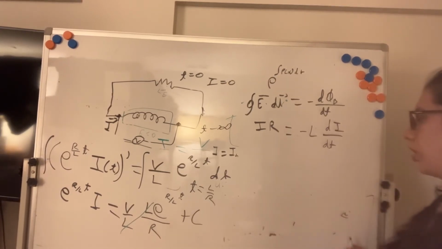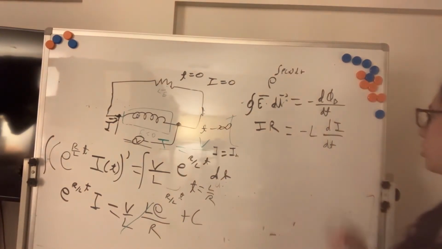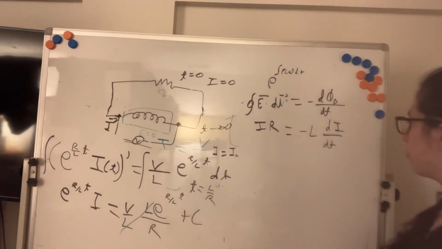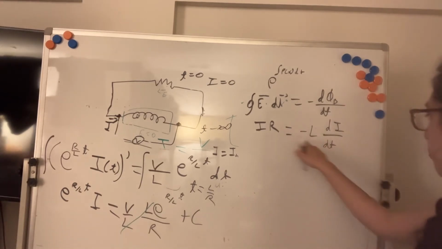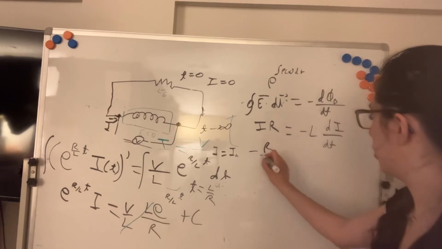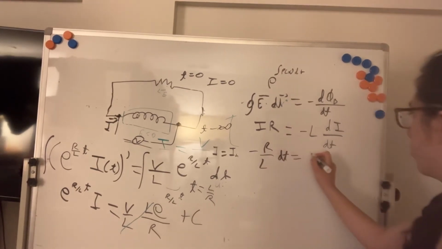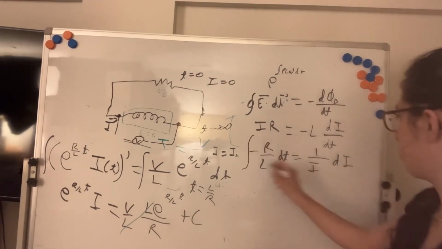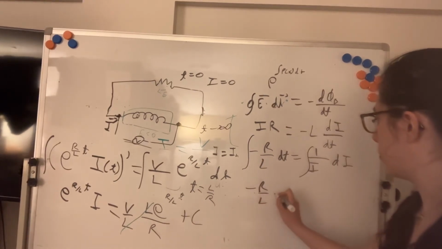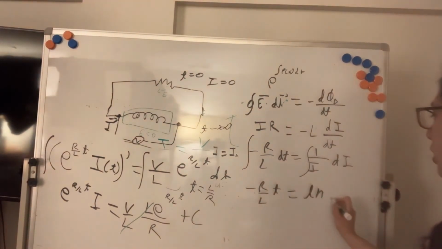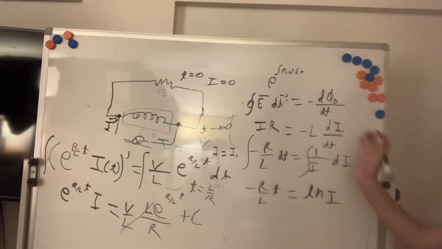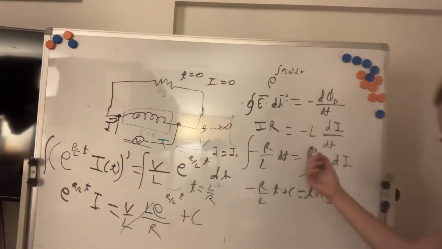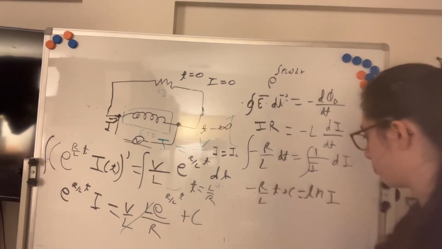You can also solve this by integrating factor, but this is reasonably easy to solve with separation of variables, so let's do that. We have, let's say, negative R over L dt is equal to 1 over I dI. So integrating both sides, we have negative (R over L)t is equal to the natural logarithm of I plus C. We elevate e to these powers from both sides to cancel this.